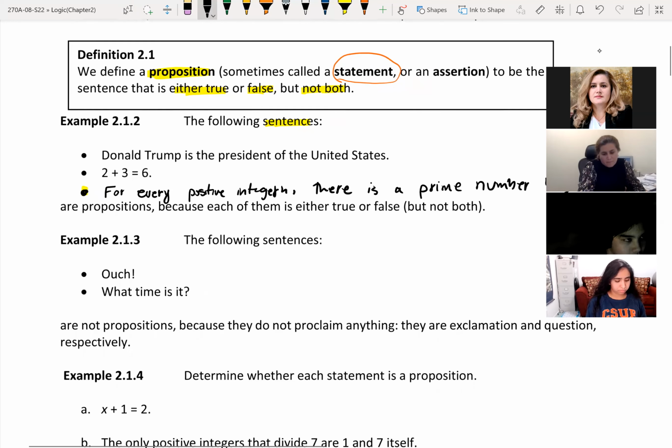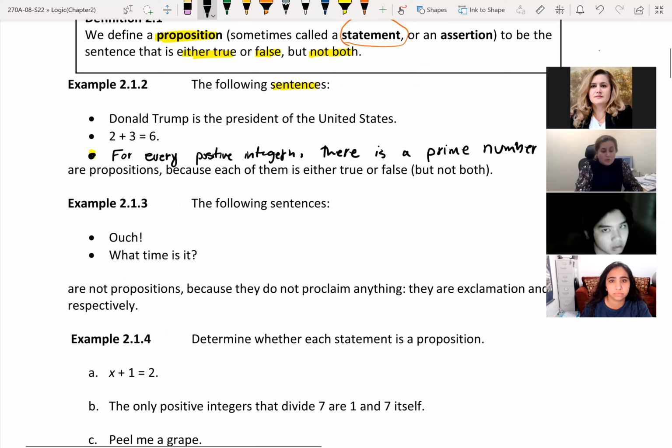You guys maybe don't know whether this is true or false, but it can't be both. Do you agree with me? I don't know whether it's true or false, but there is no way for it to be both. Either it's true or false. Agreed. Okay, so that is what we call a proposition.